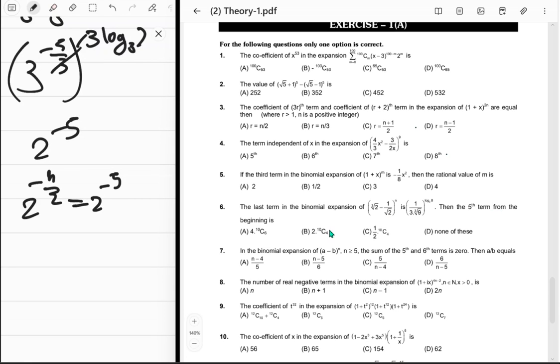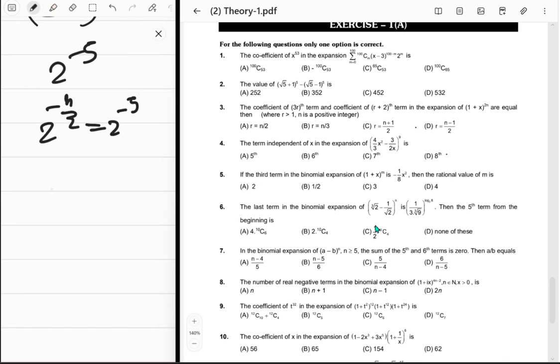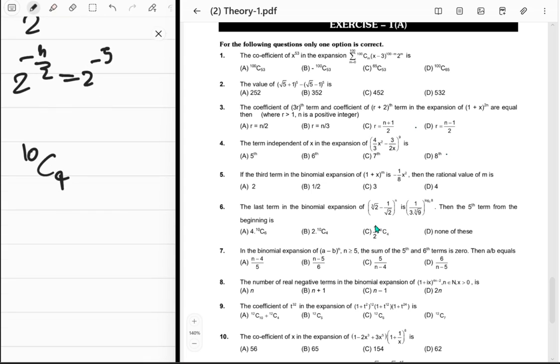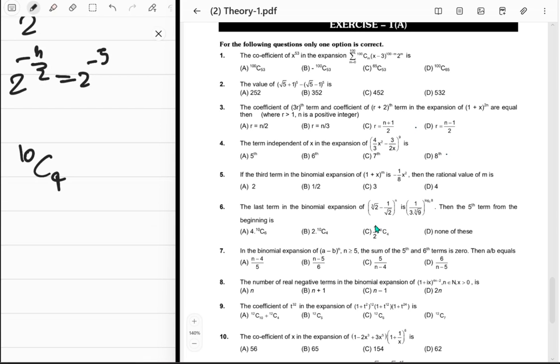Then the fifth term from the beginning is, so you mean the r is equal to 4 term, right? Okay, cool. So the fifth term from the beginning, the r is equal to 4 term. Just going to do it. 10c4, cube root of 2 to the power of 6, yes, that's going to be 2 power 2, because 6 upon 3 is just 2.